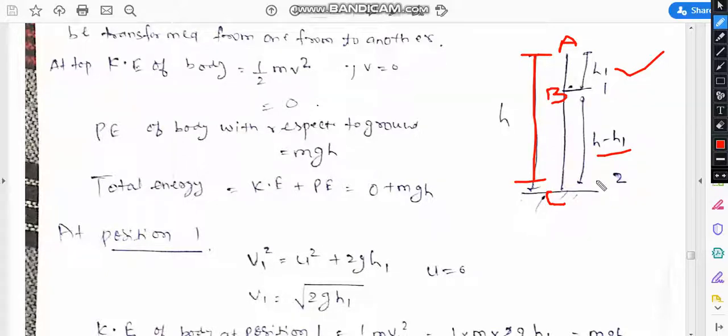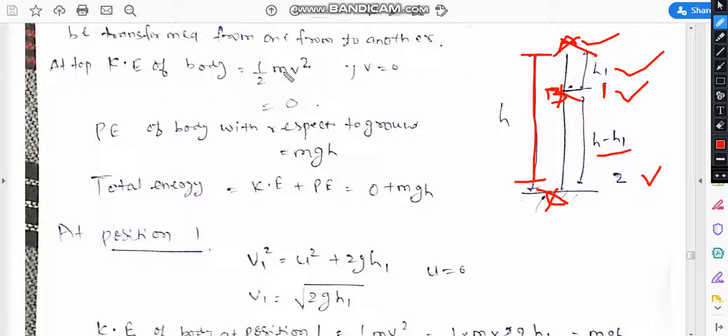Okay, so how can we determine the mechanical energy? First, there are two kinds of energy: one is kinetic energy and the second is potential energy. Or maybe you can say this is position 1 and this is position 2, instead of ABC, we assume that this is the first position and this is the second position.